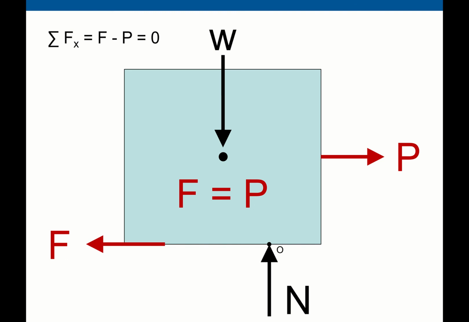Sigma Fx should be equal to 0. That means your pulling or pushing force is equal to the frictional force. Very simple, right? Because this object is not translating, that means the frictional force and your pulling force are the same.